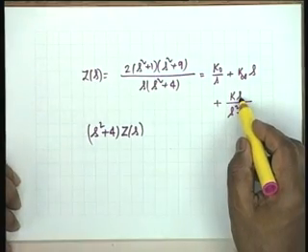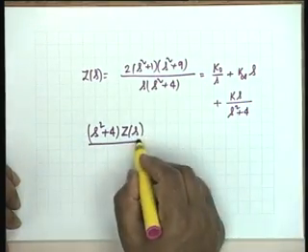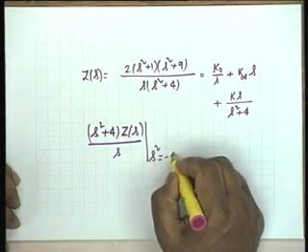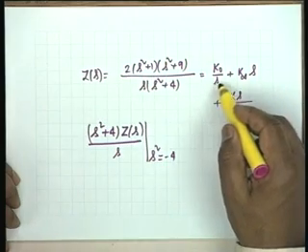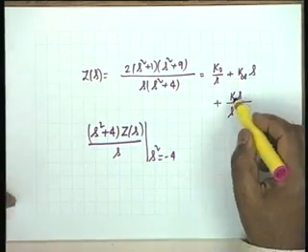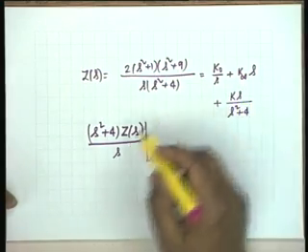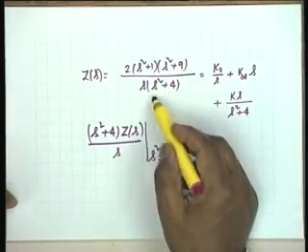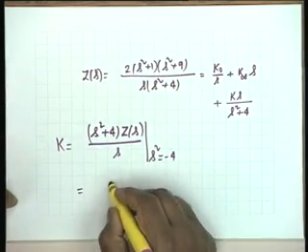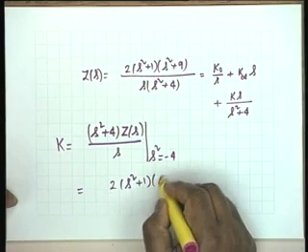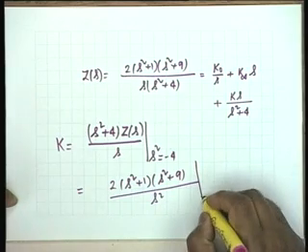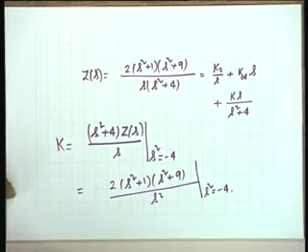Then on the right hand side I shall have ks. I want to find k, so I divide by s. Then I put s square equal to minus 4. In the right hand side, this term will be 0, this term will be 0, because I multiplied by s square plus 4. It is only this that shall remain. So I multiply this by s square plus 4, s square plus 4 cancels, and divide by s. So k is therefore equal to 2 s square plus 1 s square plus 9 divided by s squared under the condition s square equal to minus 4. This is what I did.